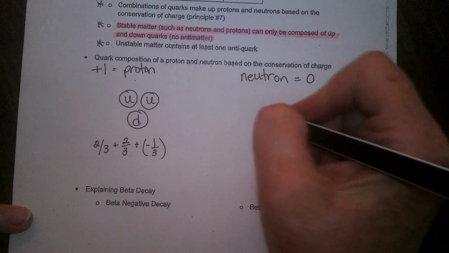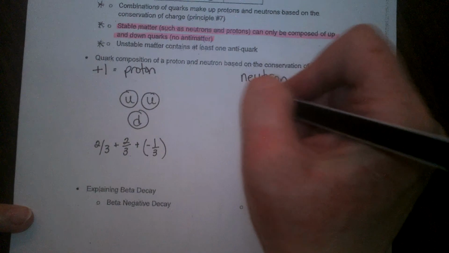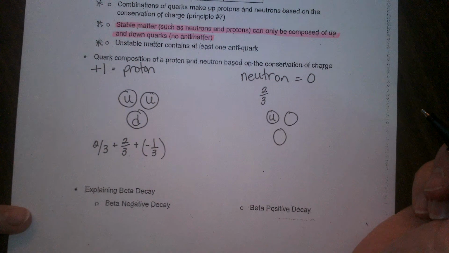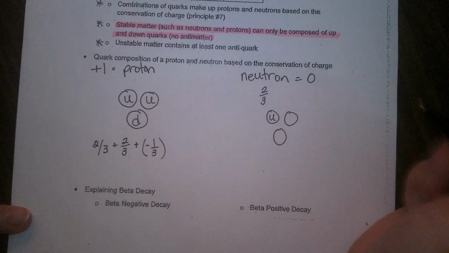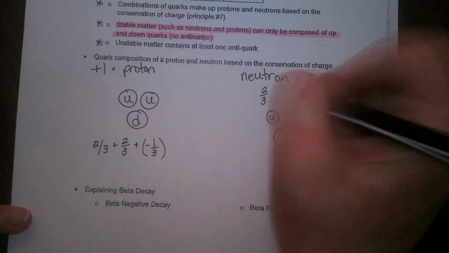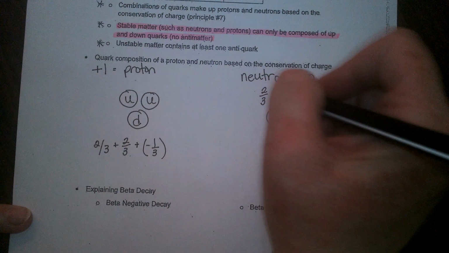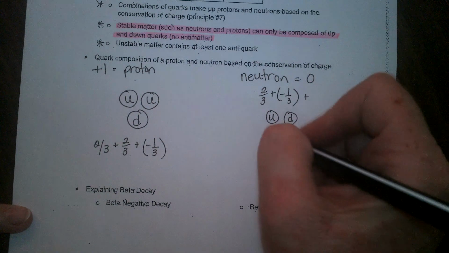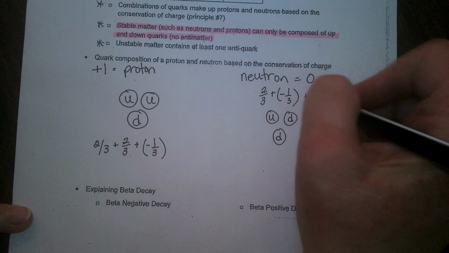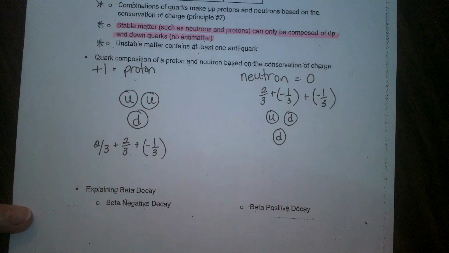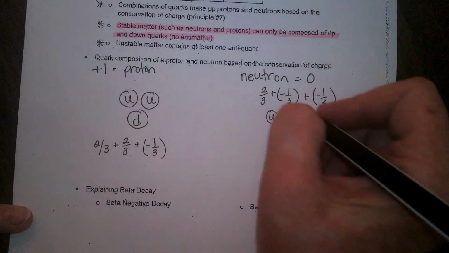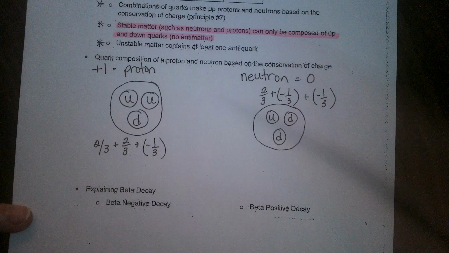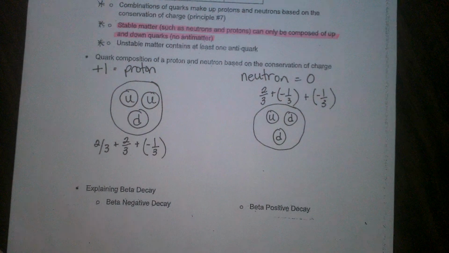If I start with 1 up, I'm at 2/3. I can't use anti-up or anti-down, so I'm going to use a down quark. If I use 1 down quark, now I'm at 1/3. And if I use another down quark, I'm going to use another 1/3. Okay? So they're always in groups of 3.